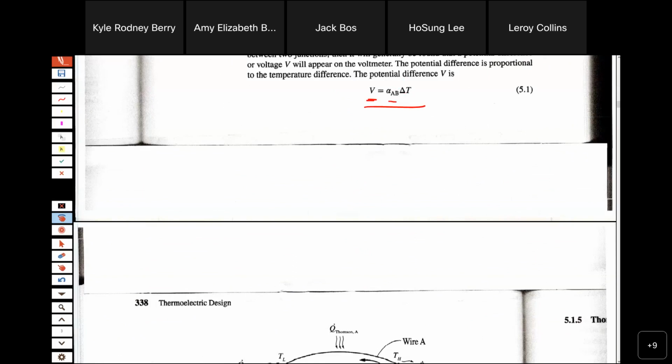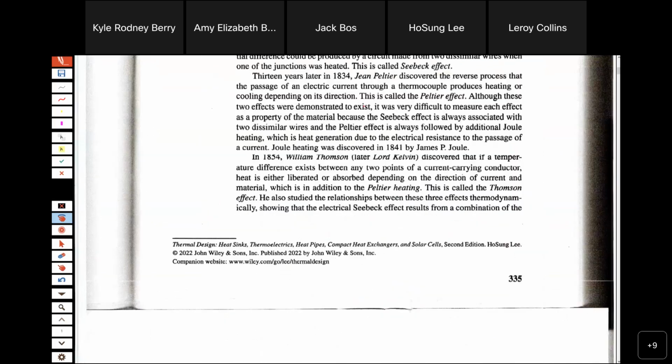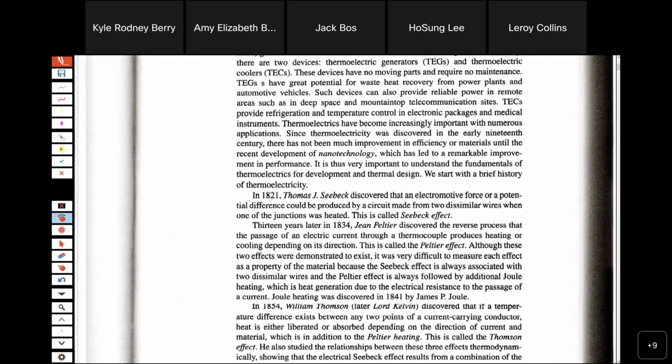So this is the coefficient we call the Seebeck coefficient. Okay, it's small, but yes, temperature causes voltage. That was discovered in 1821 by Thomas Seebeck. So it was discovered very early, much earlier than the electron was discovered.